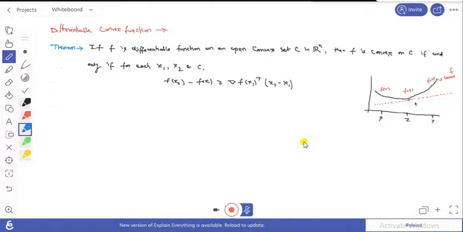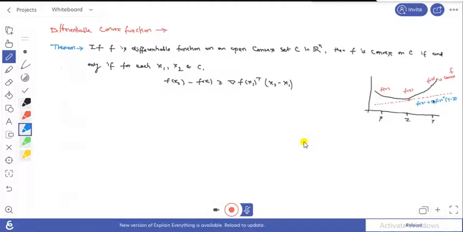This line is f(z) plus the slope of this curve at this point, which is the gradient of f at z, times the distance, that is y minus z.